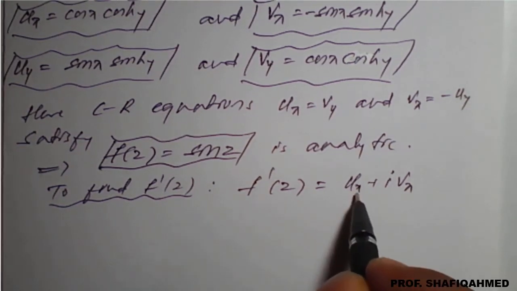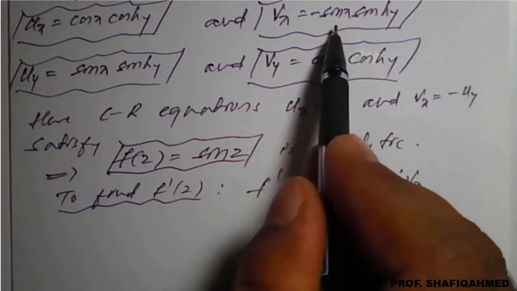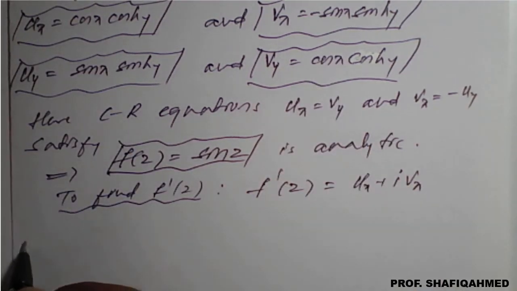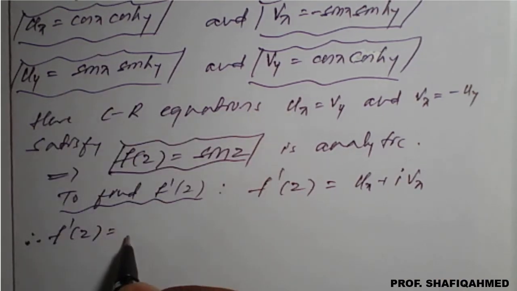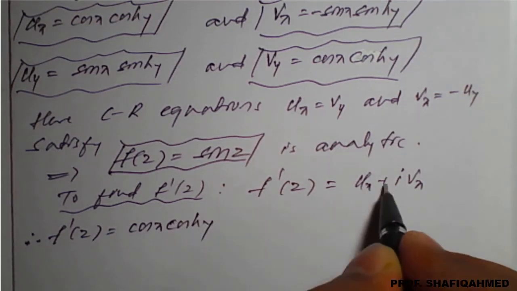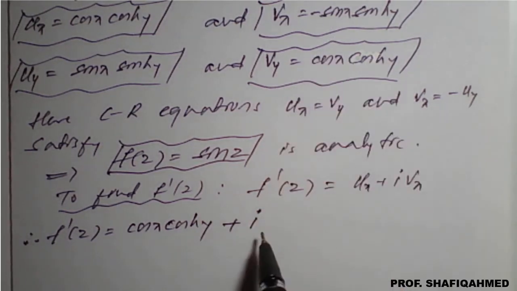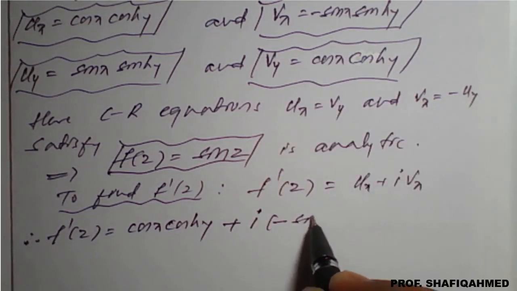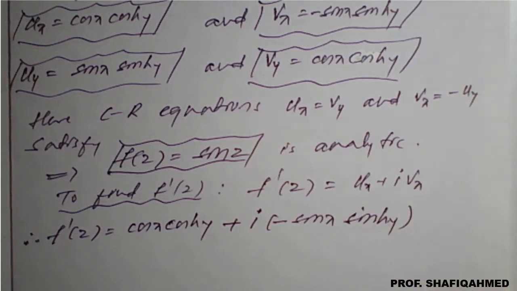So we'll replace the ux value and the vx value we got. Therefore f dash of z is equal to cos of x into cos hyperbolic of y plus I times minus sine x into sine hyperbolic of y.